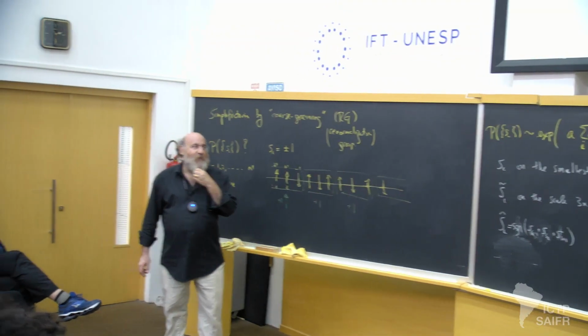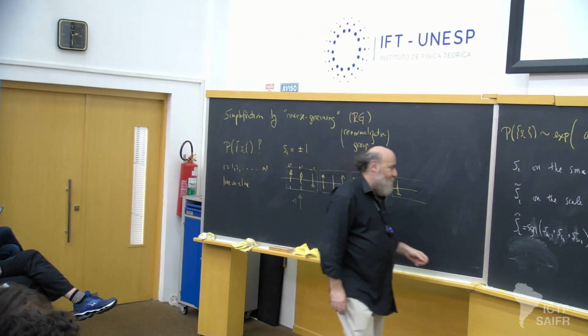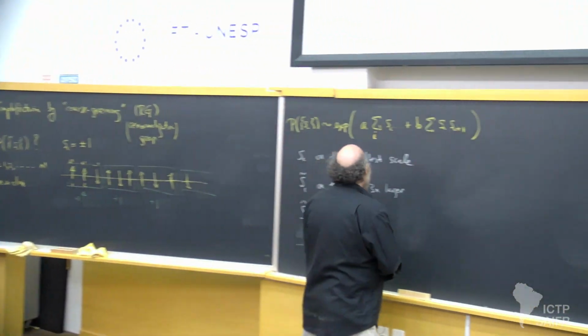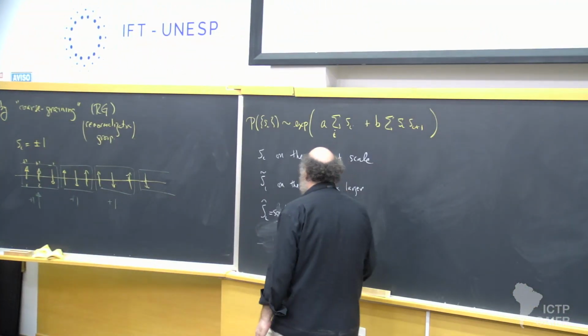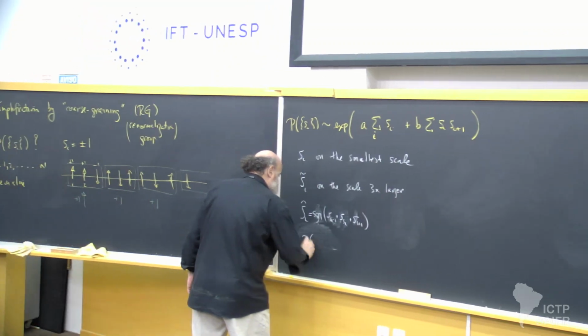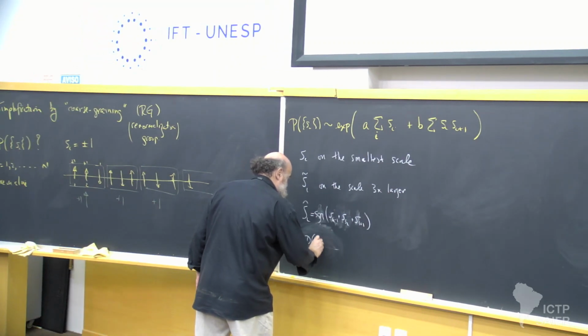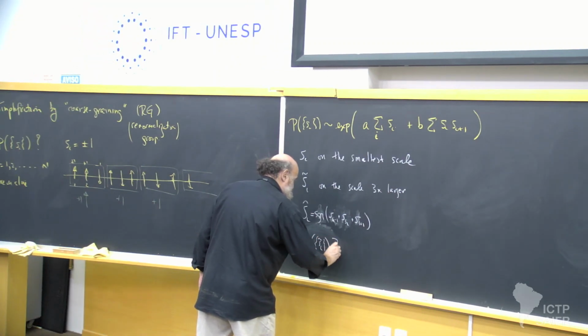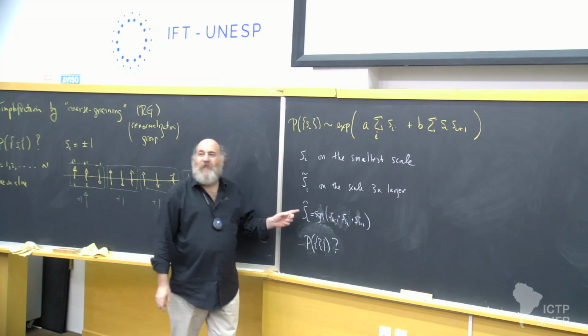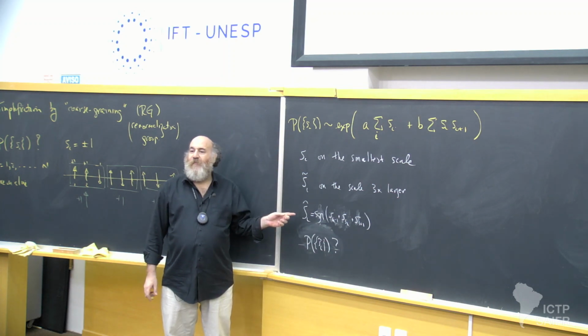So now what I want to do is to write down the probability distribution for these variables. Now, clearly this is just algebra, right?